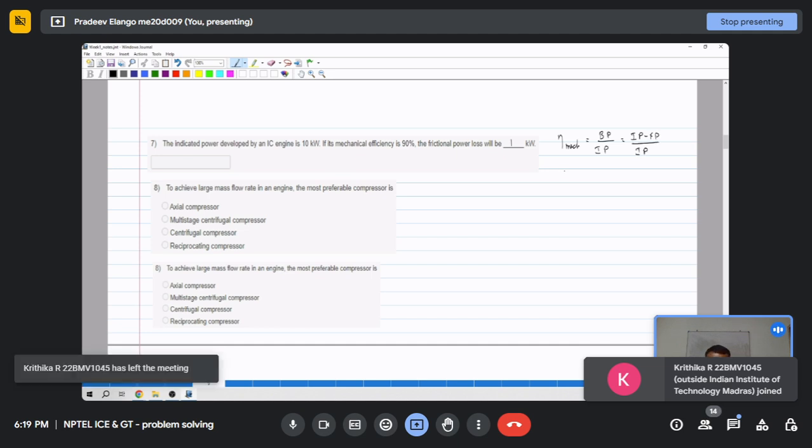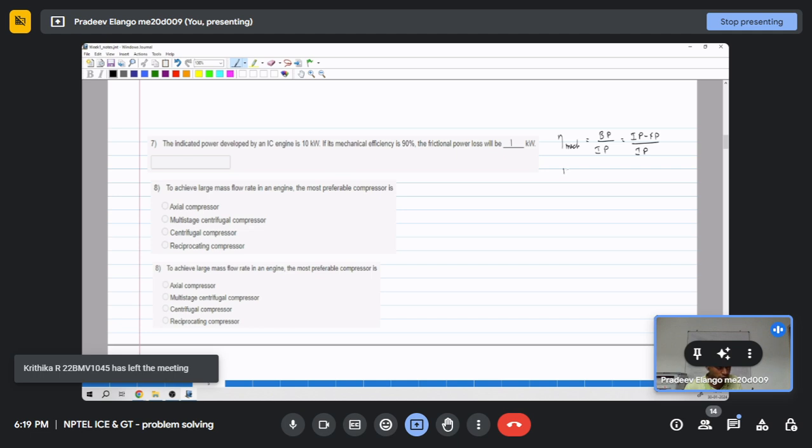Now the indicated power is 10 kilowatt and the efficiency is 90%, that means 0.9 equals 10 minus friction power divided by 10. So we have 10 minus friction power equal to 9, that means friction power is equal to 1.